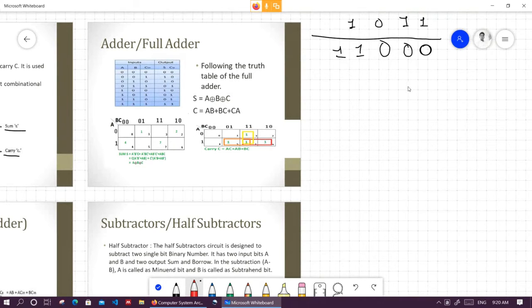So now we have three inputs A, B and C. Based on that we will have a total of 8 combinations. So it is something like this.